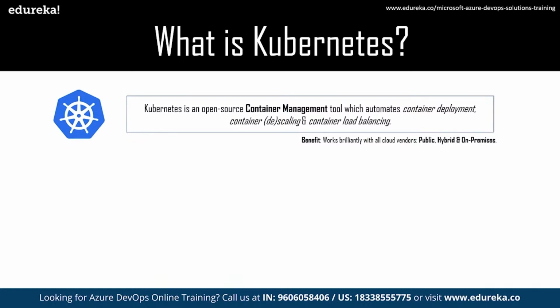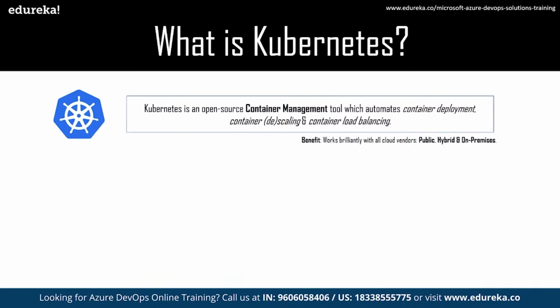So Kubernetes is an open source container management tool which automates container deployment, container descaling, and container load balancing. So all the activities that we discussed, be it managing multiple servers, ensuring that all the containers are working together, able to communicate with each other, all the container management and orchestration happens using Kubernetes, and that is what it does.